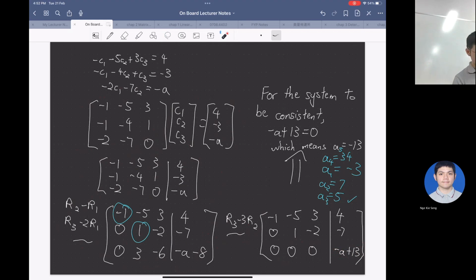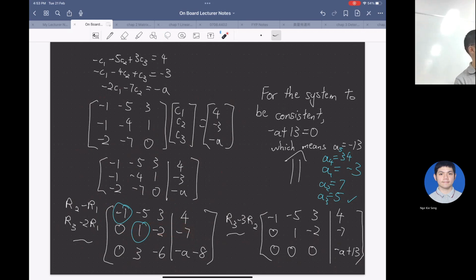Last step wrong? Why? What's wrong here? Last step here. Minus 8 plus 5. You mean this one? Minus 3. R3 minus 3 R2, right? So minus 3 times minus 7, isn't it? 21. First step, yeah. Wait, which part? This part?